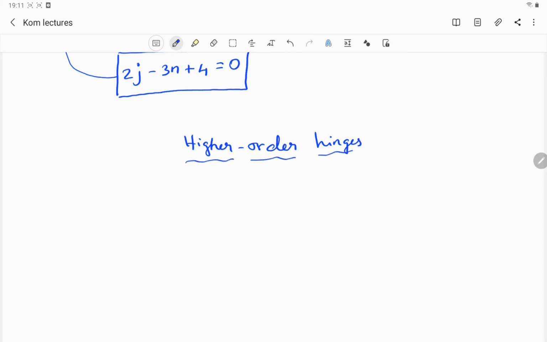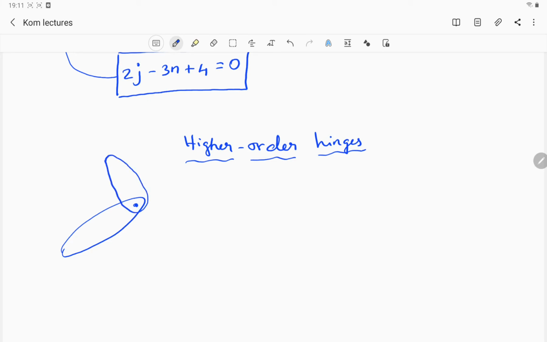So what's higher order hinges? Say there is a link, and that has been connected with another link, let's say in this manner.